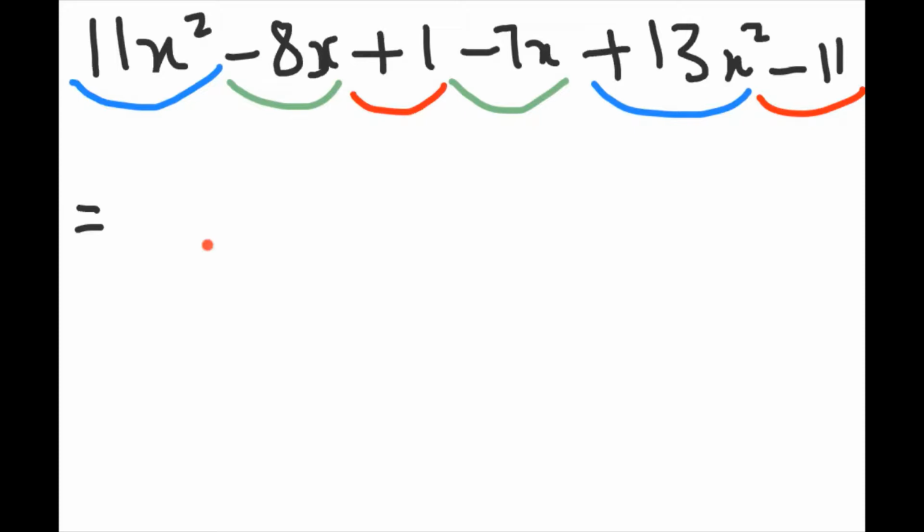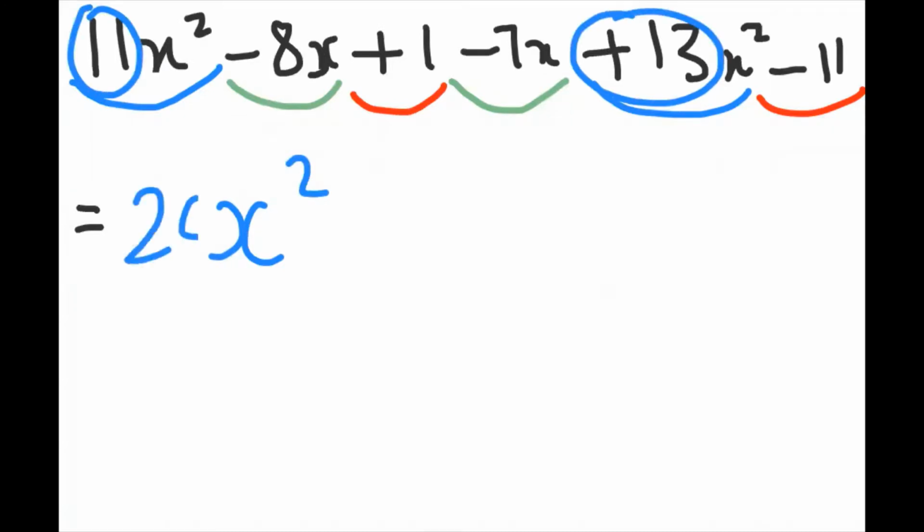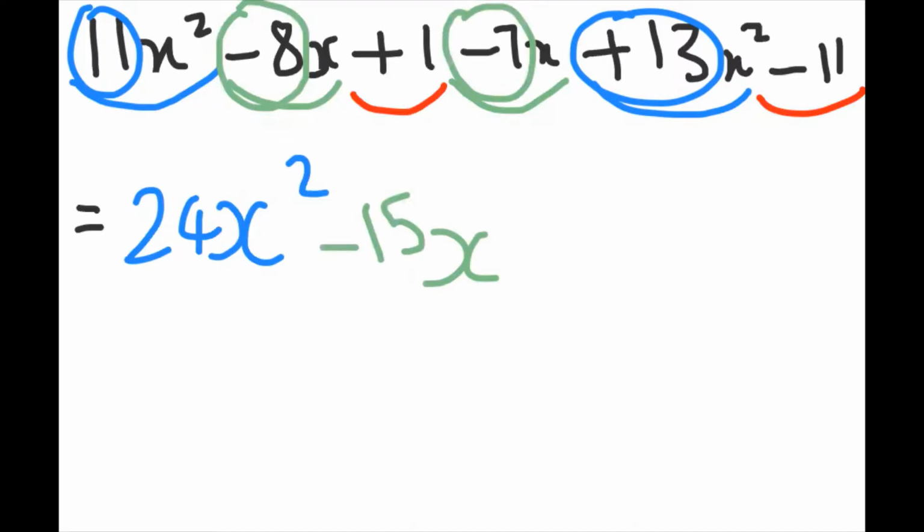So the x squareds, you're going to have the 11 plus 13. That gives you 24. Now let's look at the x's. You have minus 8 over there and minus 7. That gives you minus 15. And then you have the plus 1 over there and the minus 11.